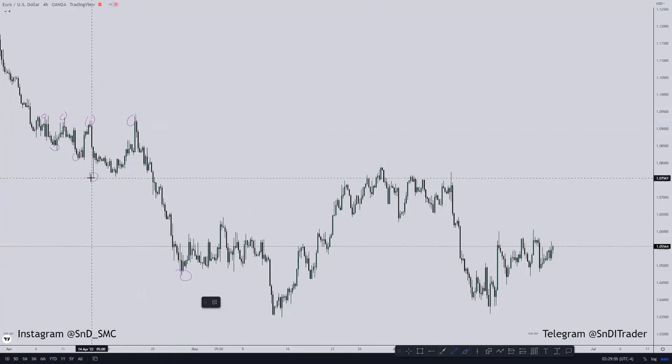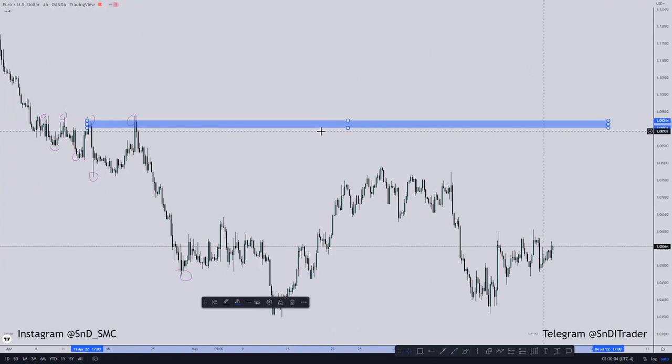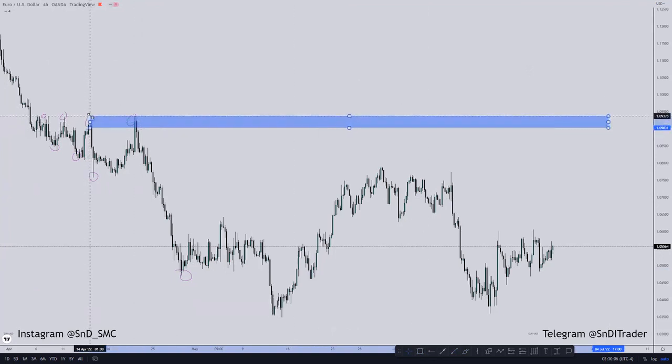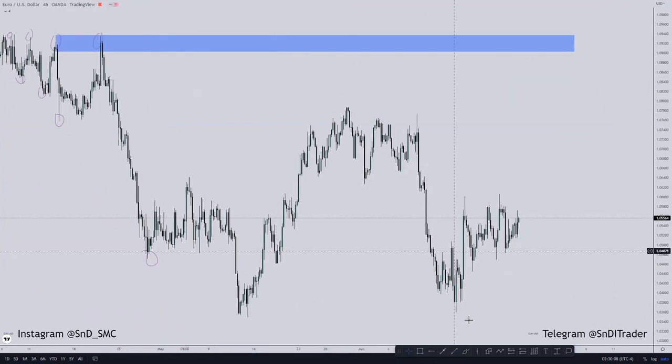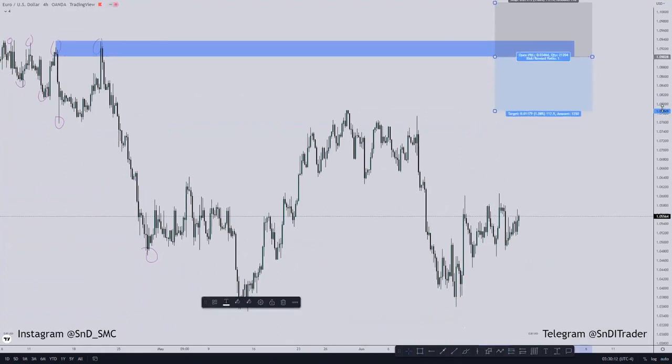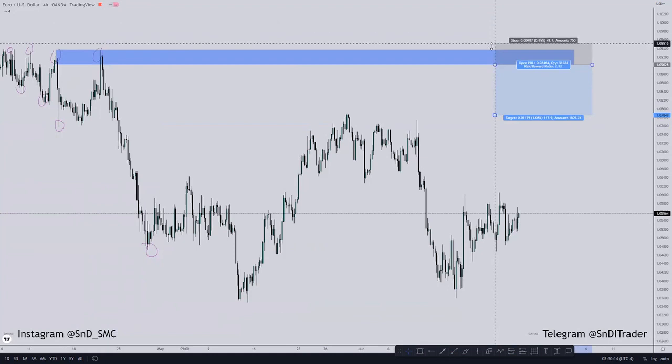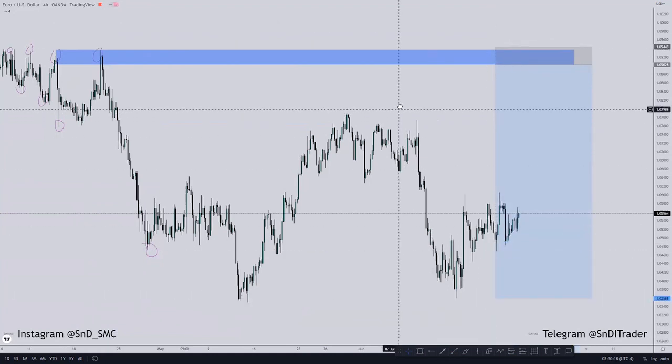So this just became a low QML level. So your entry will be here and stop loss just above this level. So you will look for sells around here, targeting these lows. So that is how these things work.